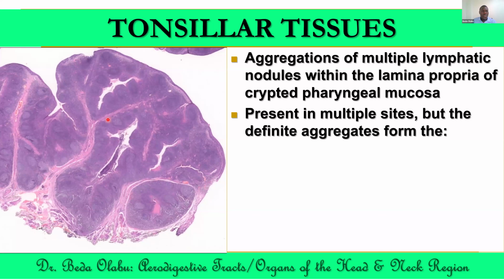Each tonsillar tissue consists of multiple lymphoid follicles, as you can see here, lying beneath the lamina propria of the pharyngeal mucosa. The pharyngeal mucosa is highly folded into multiple crypts to increase the surface area of interaction between the surface and the tonsillar tissue.